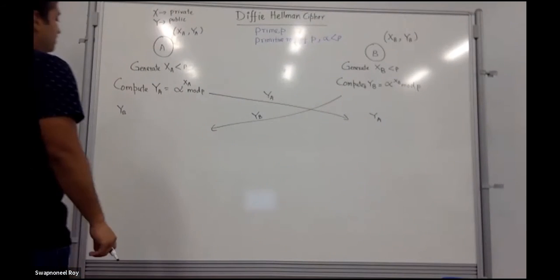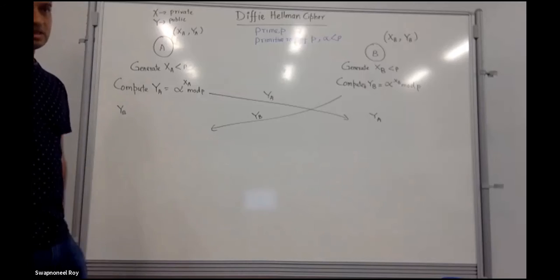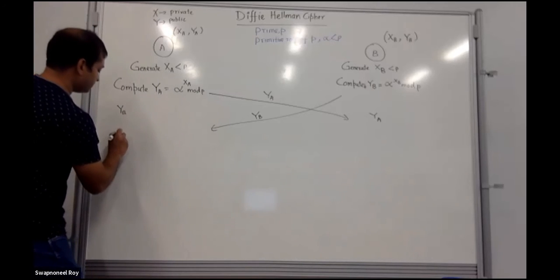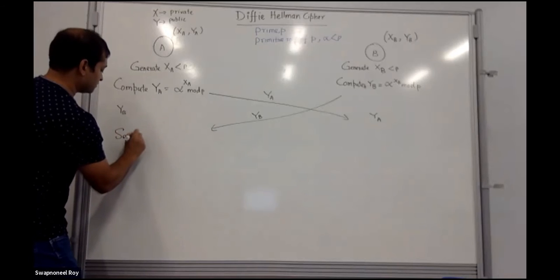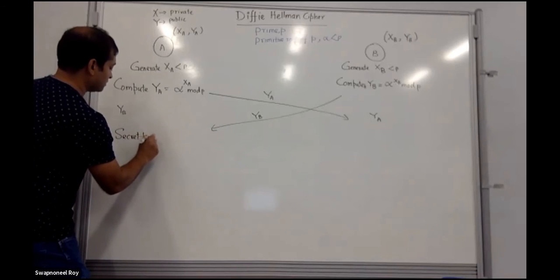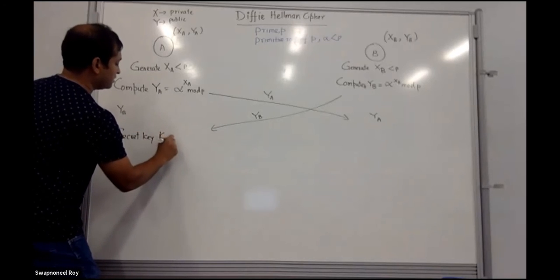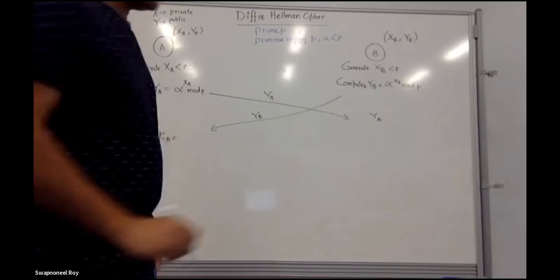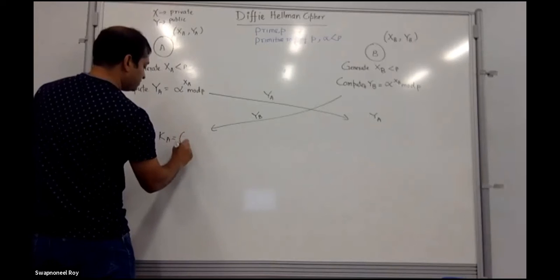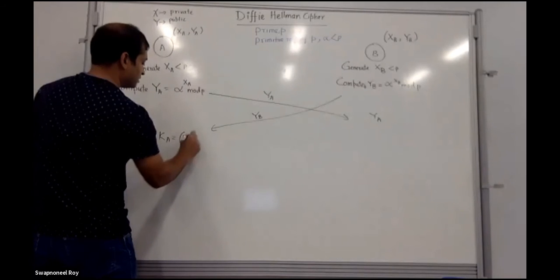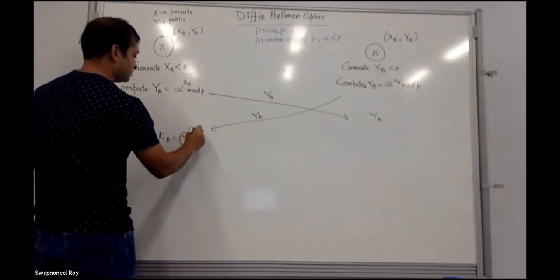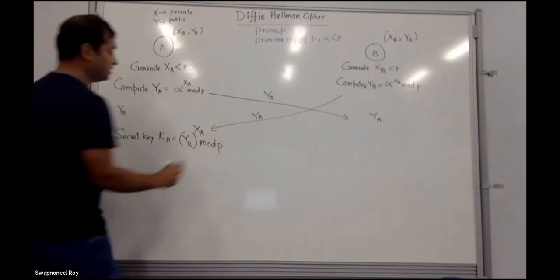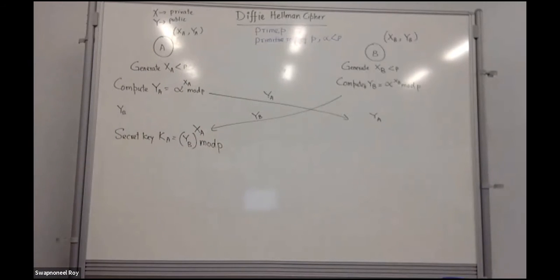Now is the secret value calculation stage. In the next step, Alice computes the secret key KA equal to YB raised to XA mod P, which is calculated by Alice.